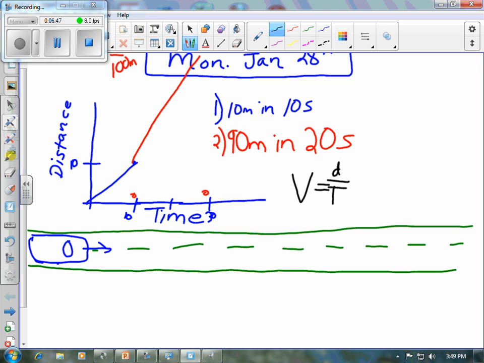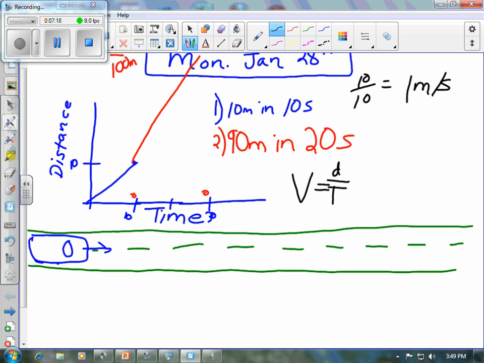And you can see that intuitively if you know that velocity is measured in meters per second. Those are the units. So it's the distance, meters, divided by the time, seconds. So in the first part, we have 10 meters in 10 seconds, so 1 meter per second.